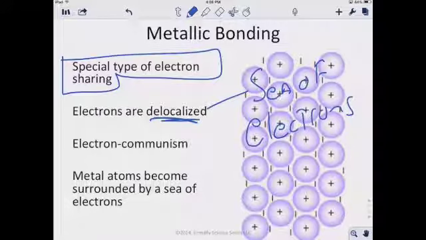All of these electrons really don't belong to anybody. They just flow throughout the metal. We say they're in a sea of electrons, shared between everybody. They don't really belong to any one particular thing.